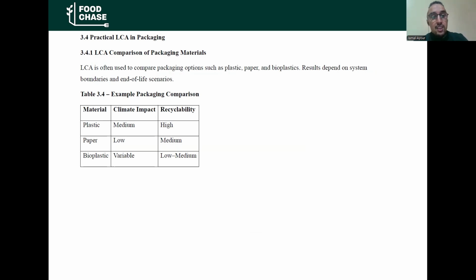Results depend on system boundaries and end-of-life scenarios. For example, in this table, as you can see, there are different materials, plastic, paper, and bioplastic, with different impacts on climate and the environment in general, and with recyclability. For example, plastic is low, medium recyclable compared to plastic and paper.